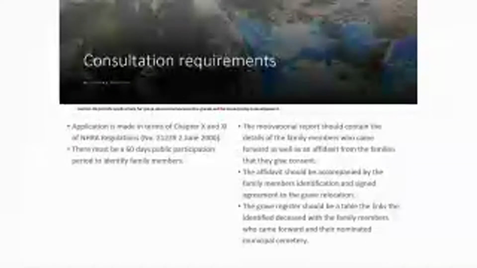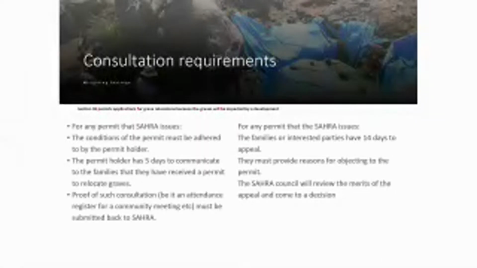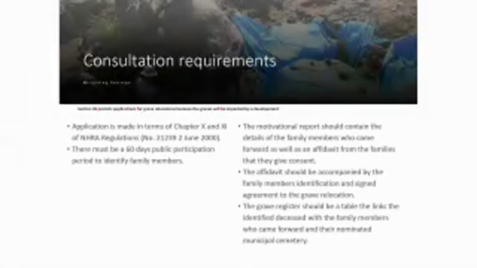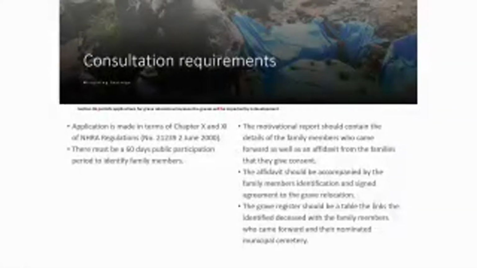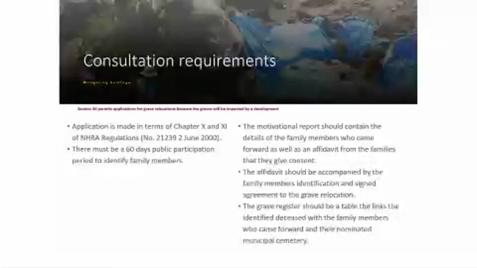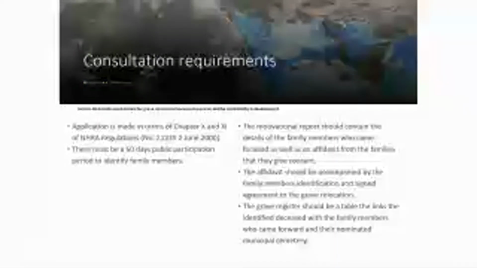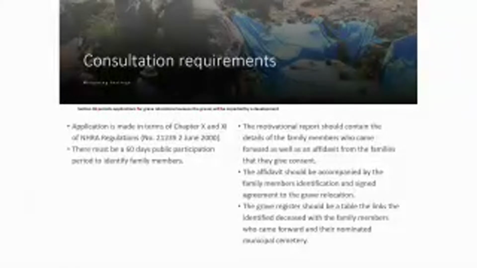All of this information, the information on how the consultation has occurred, we need to understand, because issuing a permit could be legally binding. In case in the future any family member is not aware of any grave relocation happening, we have proof of it within the permit application itself. The affidavit of consent comes after the consultation.